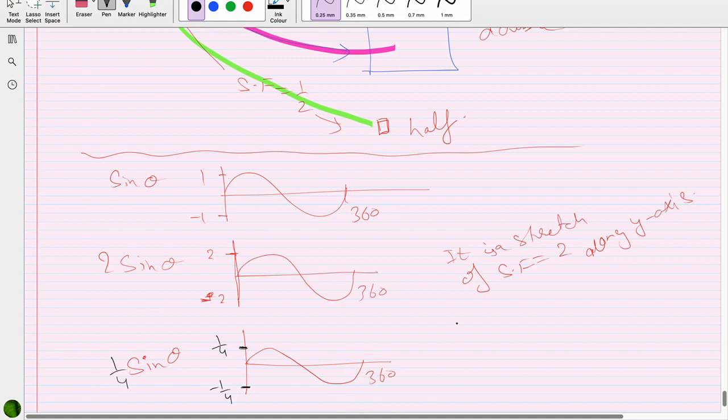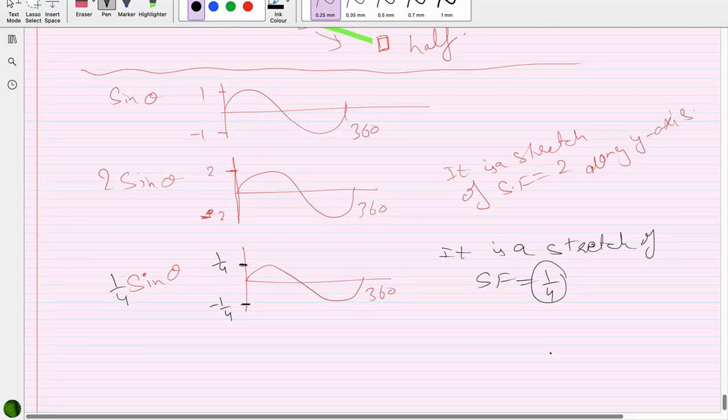Now we know it is compressed, but I'll say it is a stretch of scale factor 1/4. Looking at the number less than 1, we understand that it is reducing in size, 1/4 along y-axis. So these are the questions you'll get in transformation.